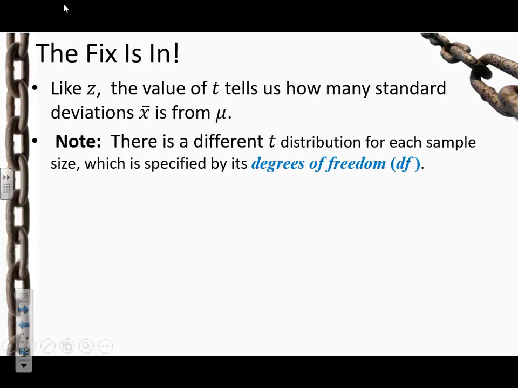It still has the same bell curve shape, still has the same center, but the variability changes as you change your sample size. So what ends up happening is we have an entire family of distributions. When we say the t-distribution, we're talking about an entire family of distributions that are defined by what we call degrees of freedom, which you're going to see denoted as df. That's an important aspect of what we're going to be dealing with here.